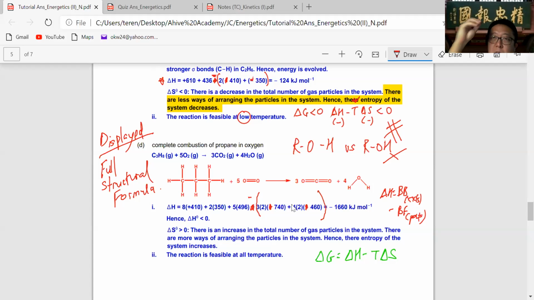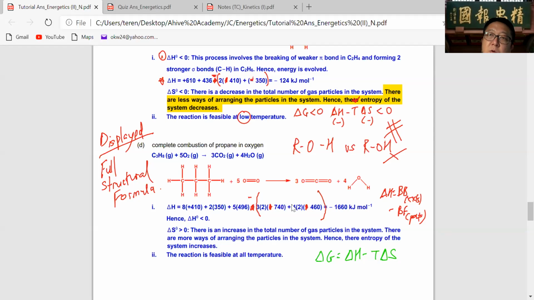Just take from the data booklet, sub inside the formula and use it. Don't waste time inserting the negative sign, positive sign, then end up calculating a wrong one. So you sub that in, you solve it. I think you should be able to get this answer. Can you check your calculator? I will wait for you. Try to see whether you get 1,660, if you haven't calculated yet.